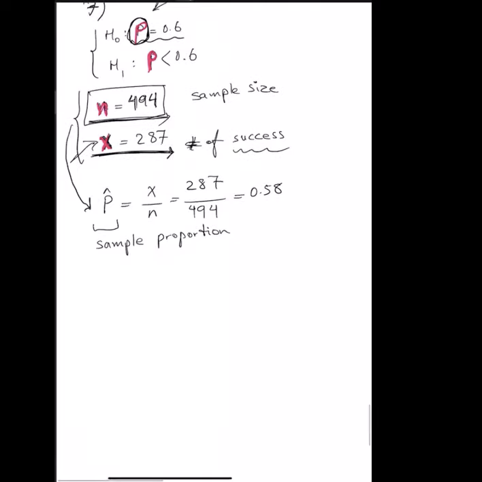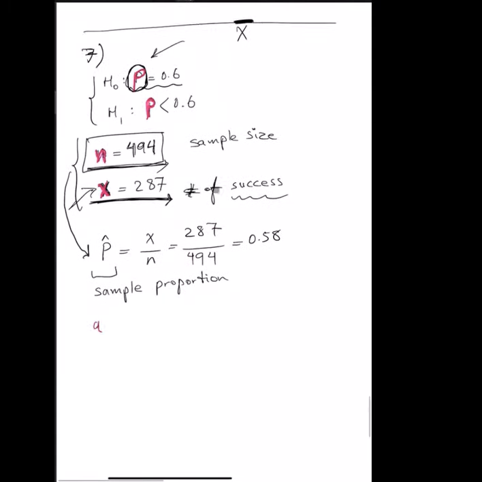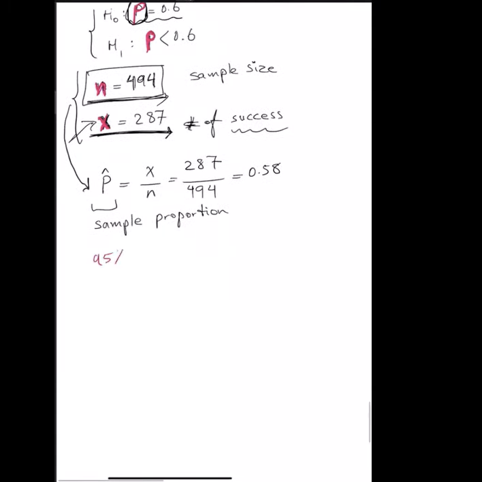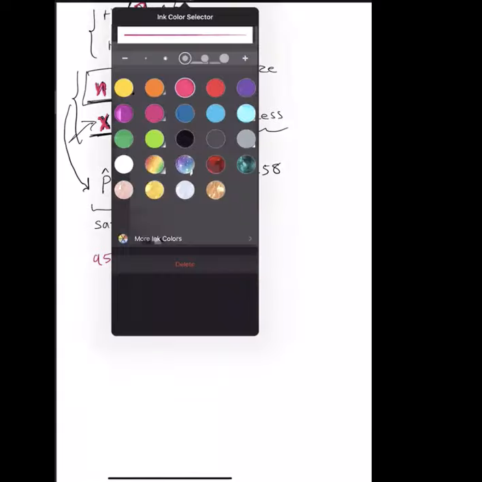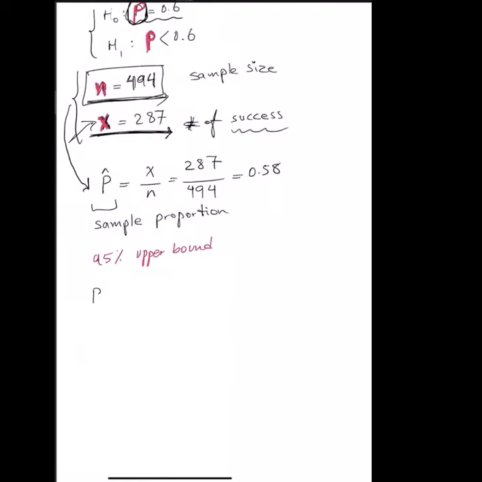So if I want to construct a 95% upper bound, let's look at the formula. The formula for the upper bound confidence interval is p less than or equal to p hat plus z of alpha.